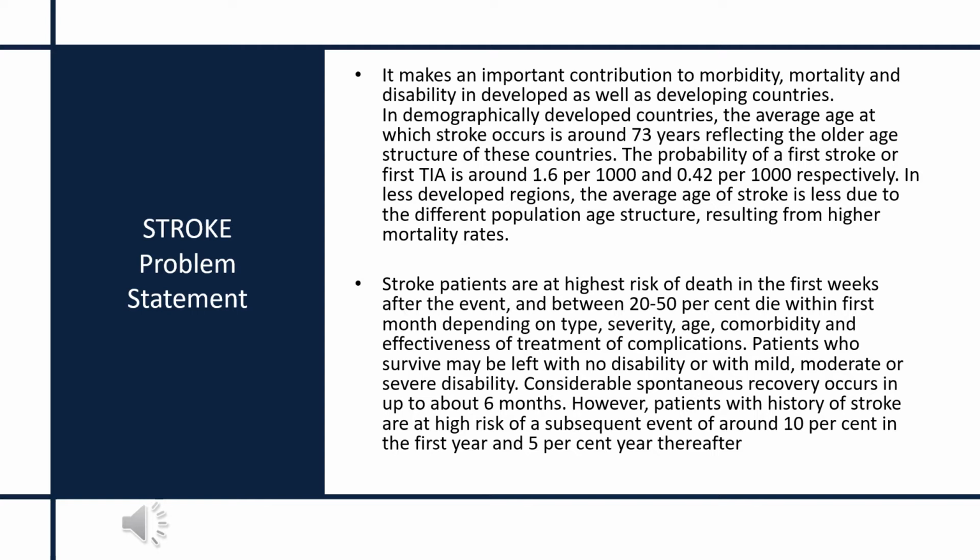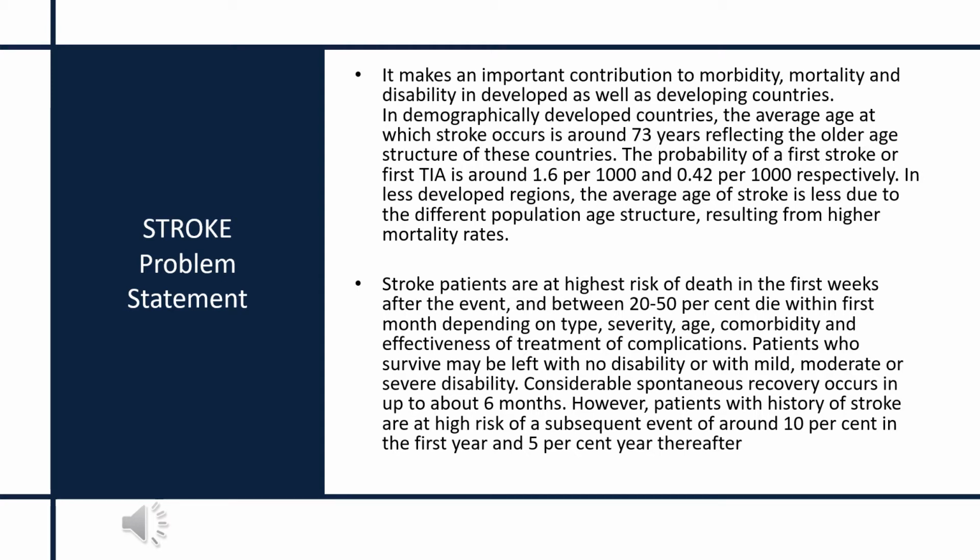In less developed regions, the average age of stroke is less due to different population age structure. We have more younger people in our population, as you have studied in demography. So the incidence of stroke among the younger population is higher in developing countries. This is all due to different population age structure.